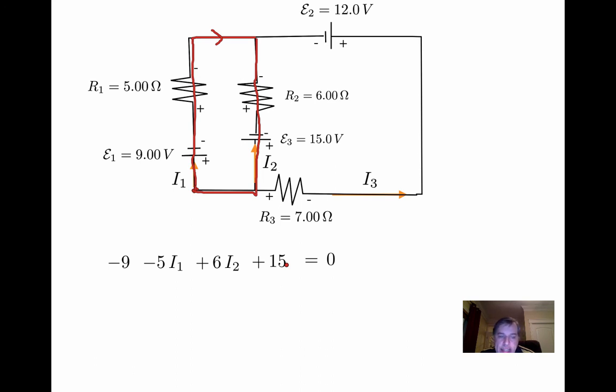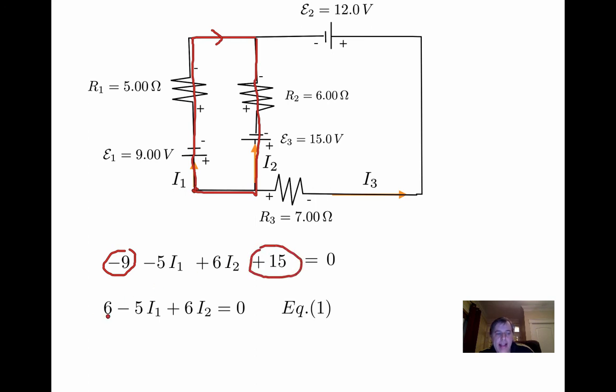And then if I could simplify even further by dividing and so on, I would, but I cannot do much here. Okay, I combined my minus 9 and my plus 15 from my two batteries into plus 6. So I get 6 minus 5 I1 plus 6 I2 equal to 0. This is my first equation.